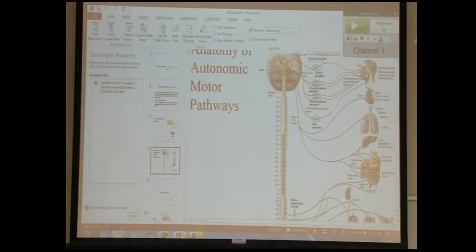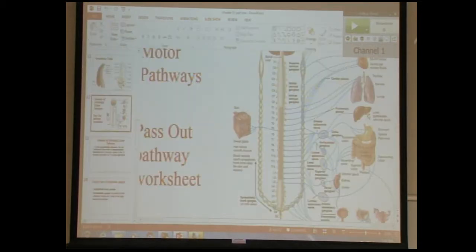And in sympathetic, it goes to that ganglion first. You can see all those ganglia. Or maybe it only goes to the trunk. So the axons are longer from the parasympathetic.